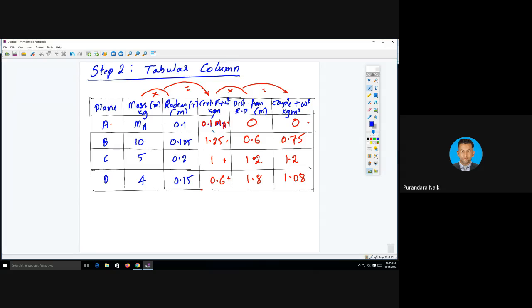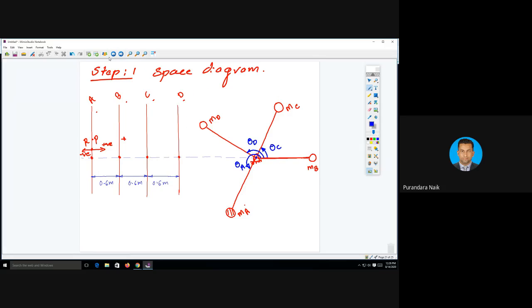While selecting it, don't make the known values zero, because B, C, D are known forces. If you select B, C, D as the reference plane, that term will become 0 and it will be complicated. That's why A as the reference plane, because A has both mass and angle unknown.